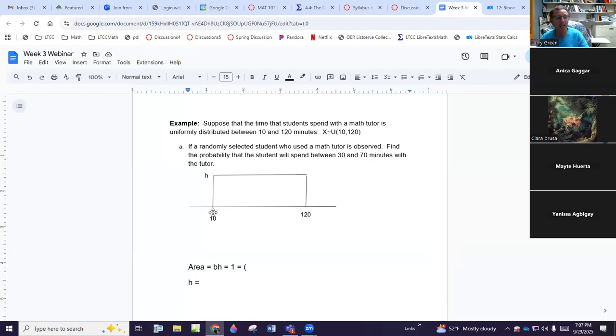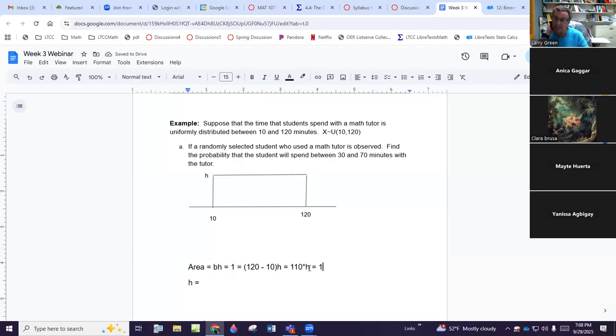Yeah, 110. I'm going to actually do the math. It goes from 10 to 120. So if I want the base, I'm going to take 120 and subtract 10. And that'll always give you the base. The height, we don't know. That's H. Now 120 minus 10 is 110 times H equals 1.